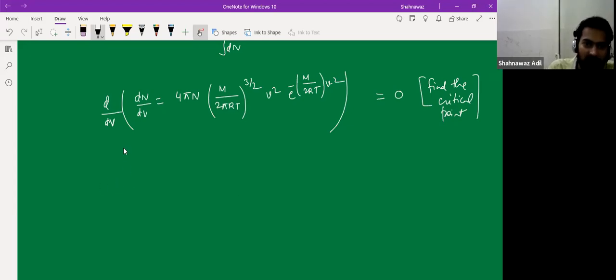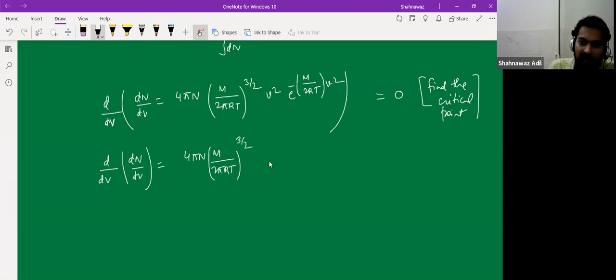So we have to calculate d by dv of dn by dv. So this will be 4 pi n, which is a constant term, and this is also a constant term, to the power 3 by 2. And this is the functional term, v square e to the minus m v square by 2 rt.